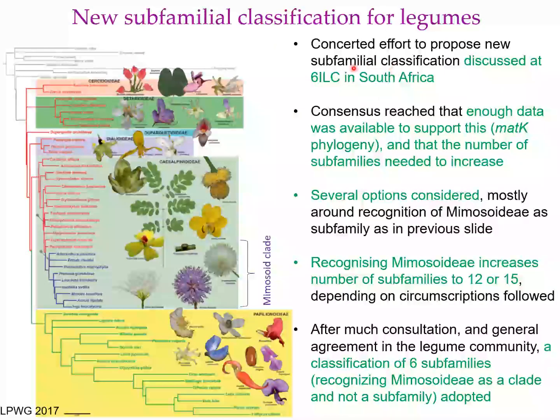So here you can see, from the concerted effort stemming from the 6th International Legume Conference in South Africa, we have then the new classification, a 6 subfamily classification, recognizing the Papilionoideae, the Caesalpinioideae, which now includes what we call the Mimozoid clade, the Dialioideae, Duparquetioideae, Detarioideae, and the Cercidoideae.